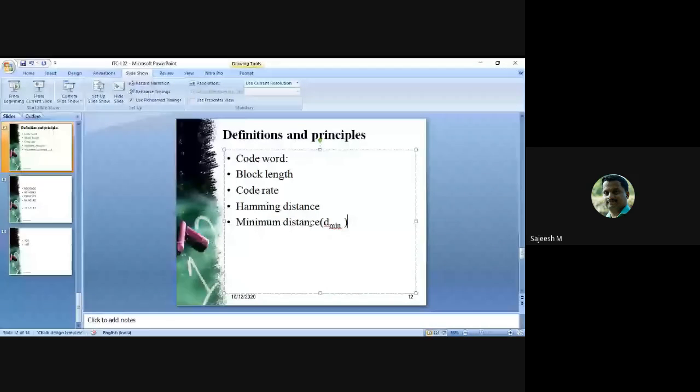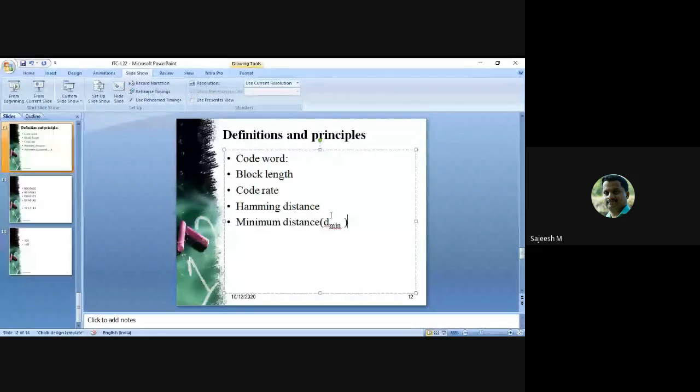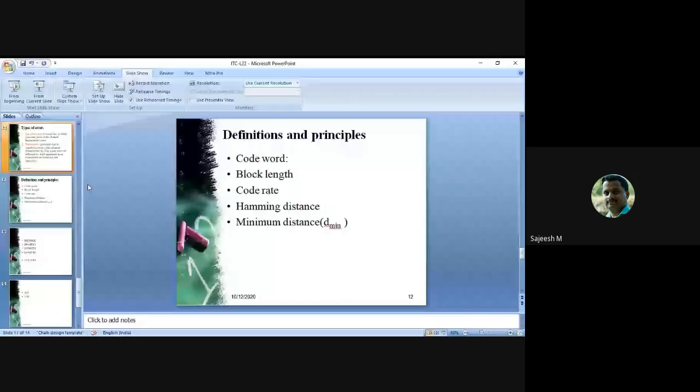I think that's all. We have seen some introduction to error control coding, which is part of channel encoding. Then the classification: block code and convolutional code, linear code and non-linear code. Then some basic examples and some parameters. Out of these, Hamming distance and minimum distance are important.